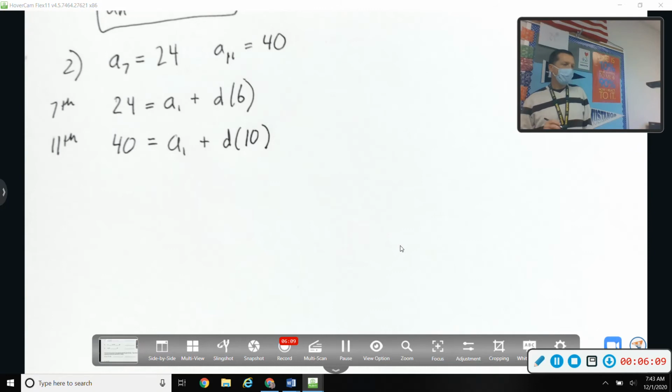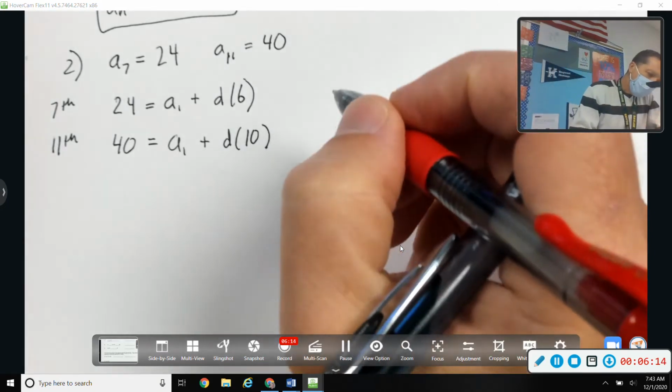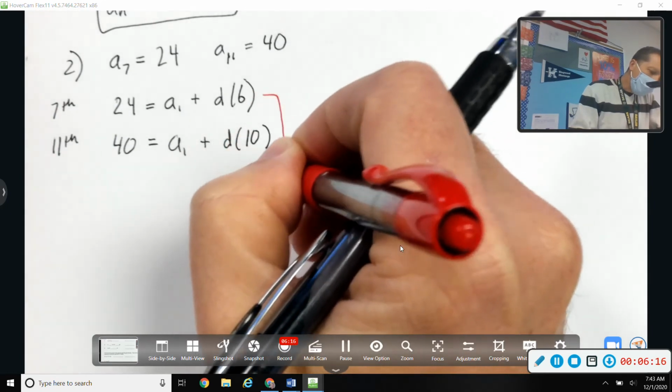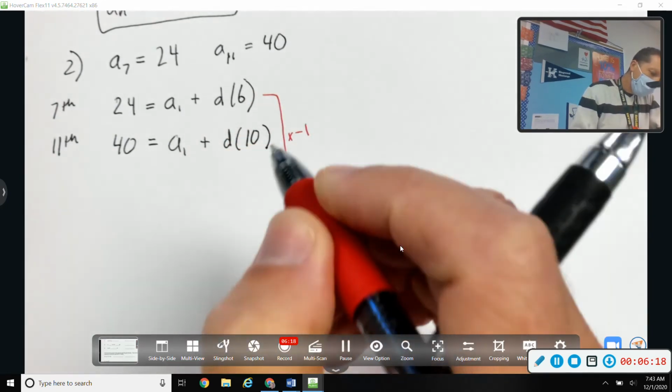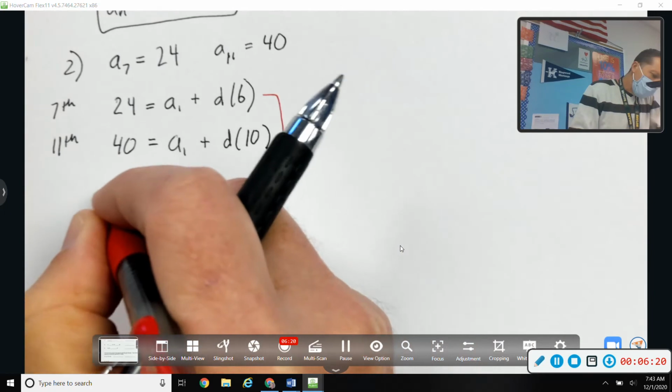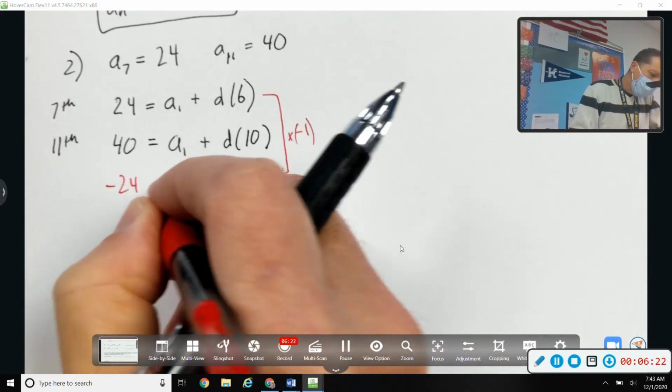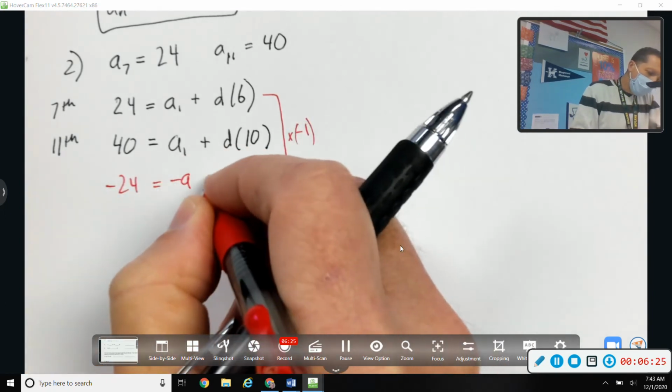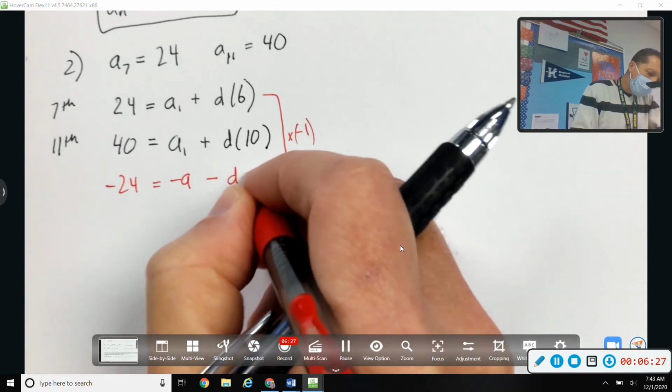So now we have a system of equations. Let's multiply the top one by -1. So then we get -24 equals -A1 minus D times 6.